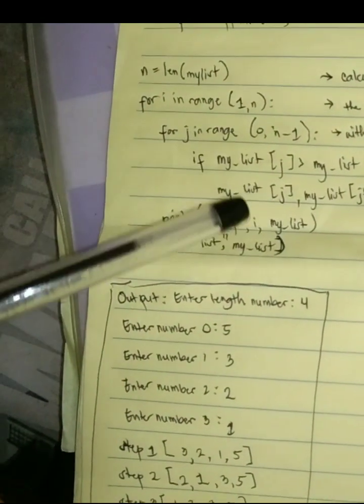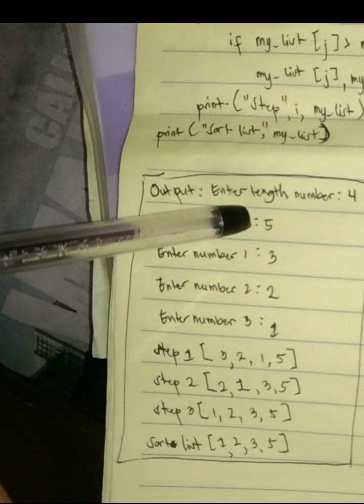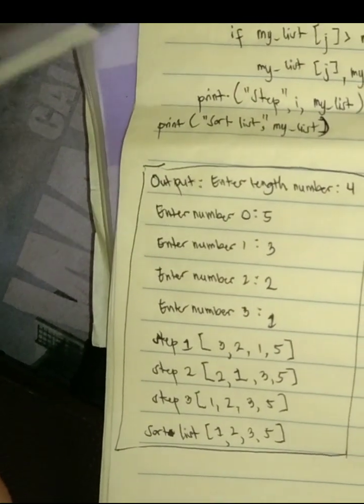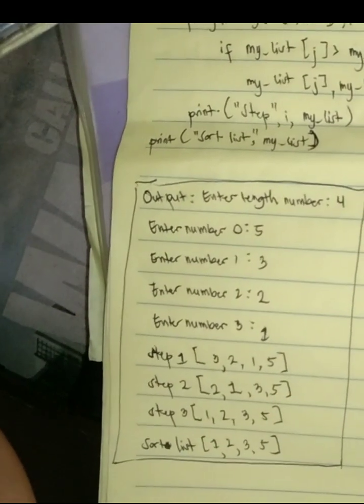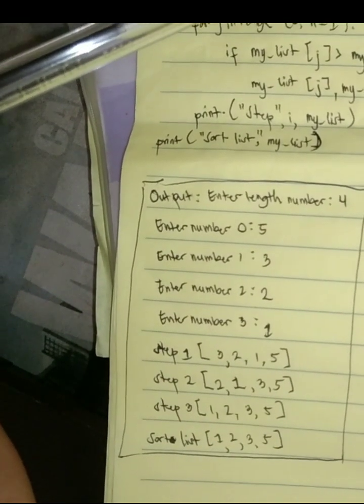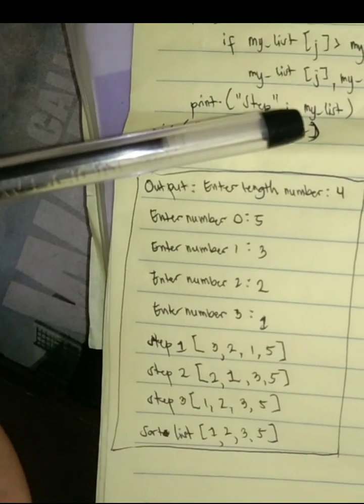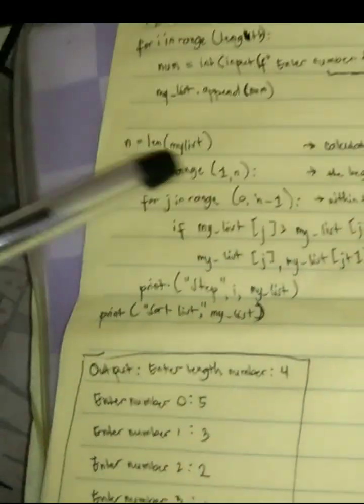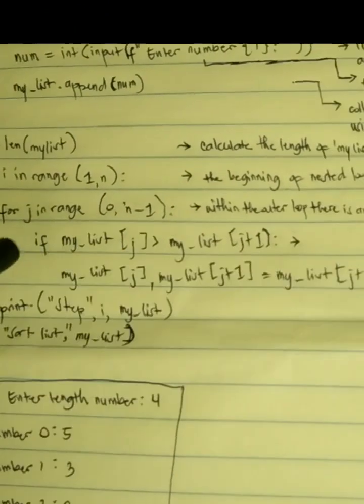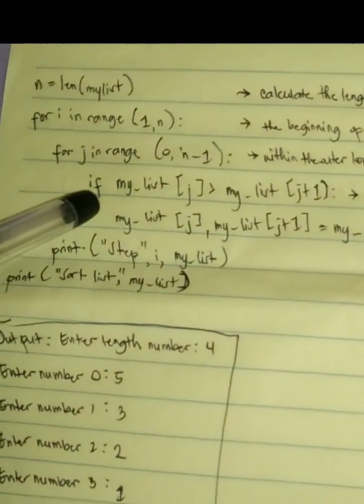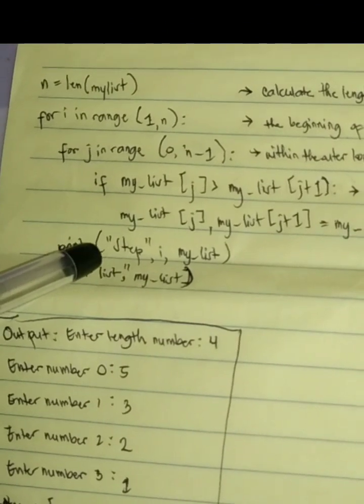So halimbawa kani ba si 5 is greater than 3. Basta, if true siya, mag-swap siya, and if dili, mag-remain na siya dira. If this condition is true, it means that the elements are out of their order and need to be swapped.